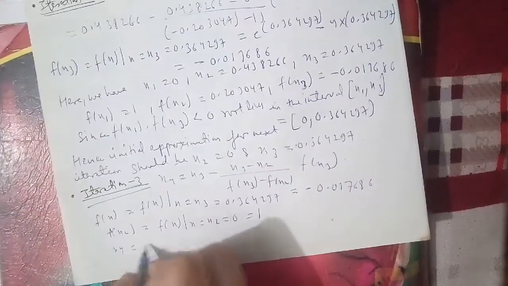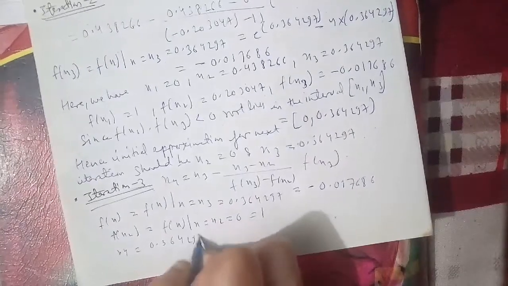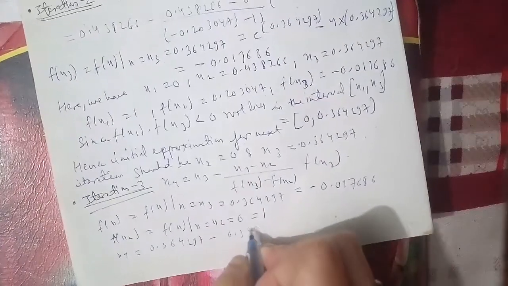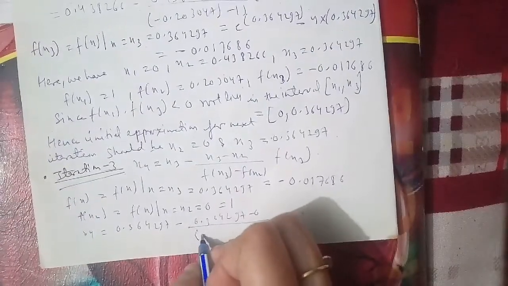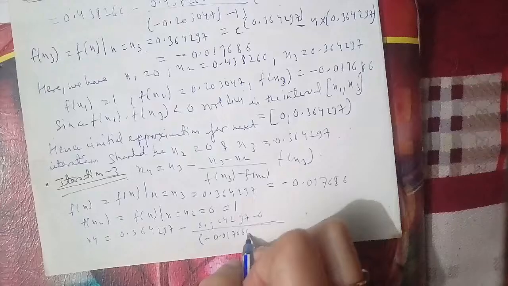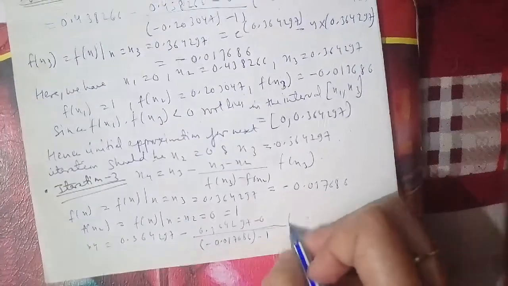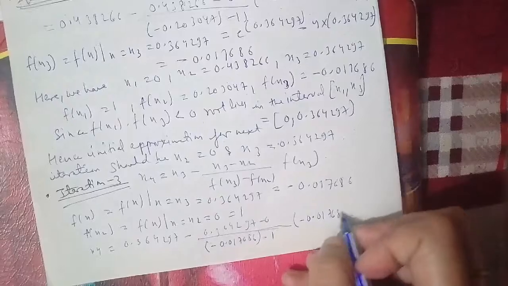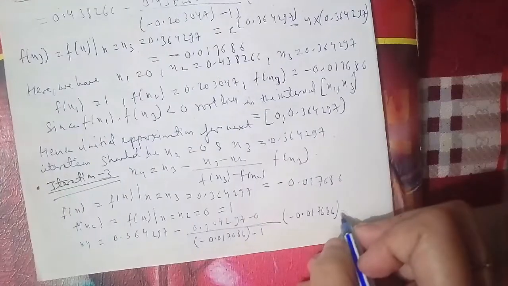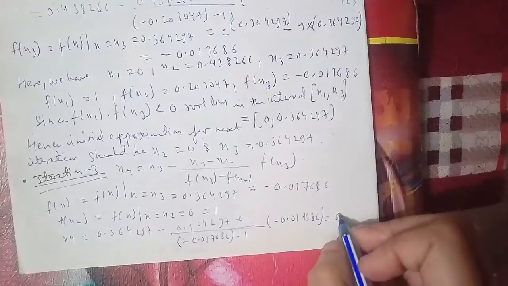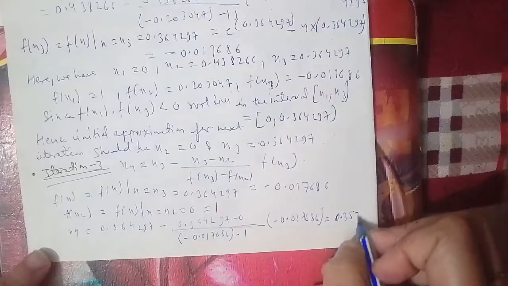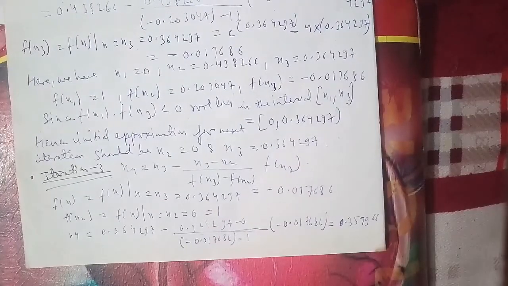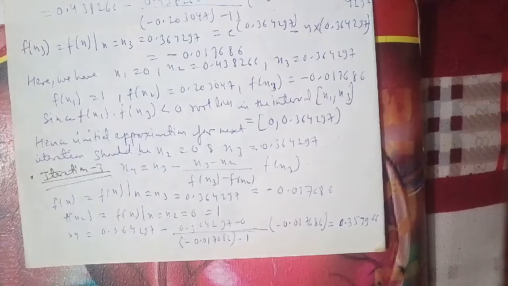Now x4 = 0.364297 - (0.364297 - 0) / (-0.017686 - 1) * (-0.017686), which equals 0.357966. So we'll go ahead for f(x4) as well.